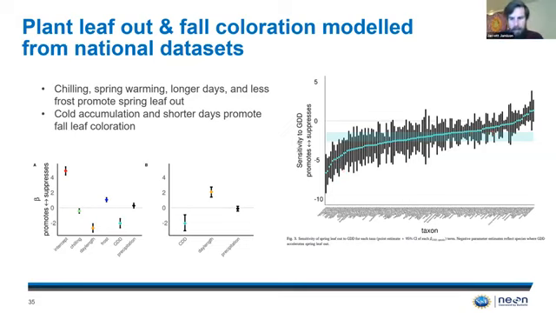But overall, this study showed that we can use citizen science and national scale monitoring phenology data to develop accurate models of plant phenology. This is important because these kinds of models are normally limited by the intensive phenological monitoring effort required to generate sufficient data to parameterize each model. And NEON provides an immense amount of this data for free.